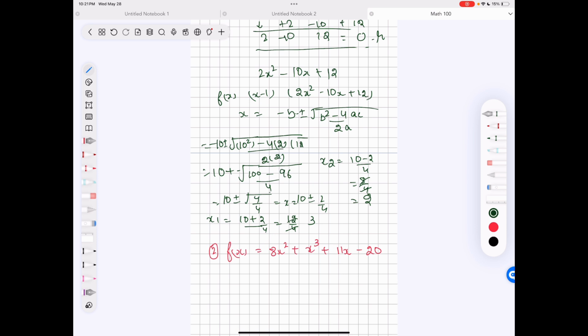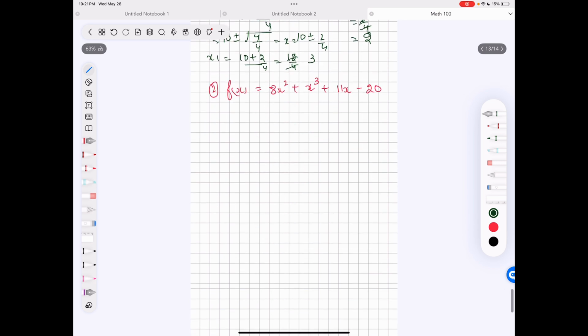So I'm gonna do one more factoring of a polynomial, using everything we have learned so far with the rational root theorem. So we have an equation here, x squared, x cubed, plus 11x, minus 20.